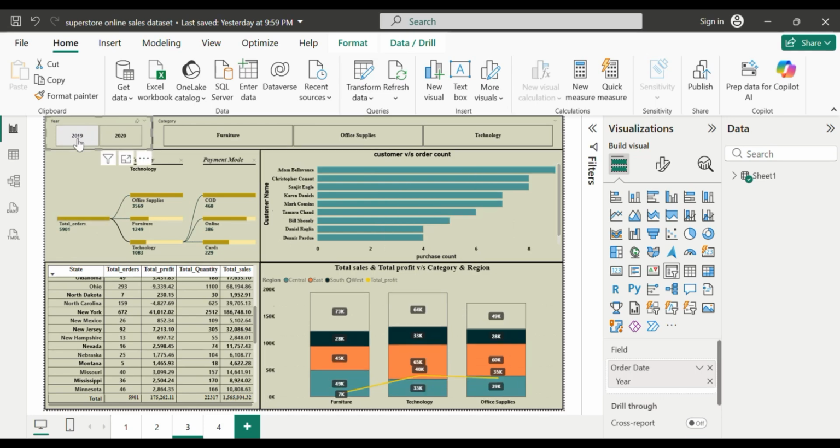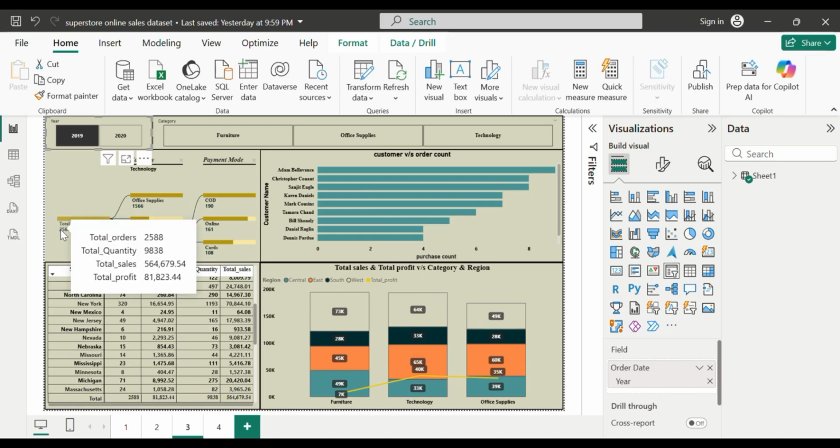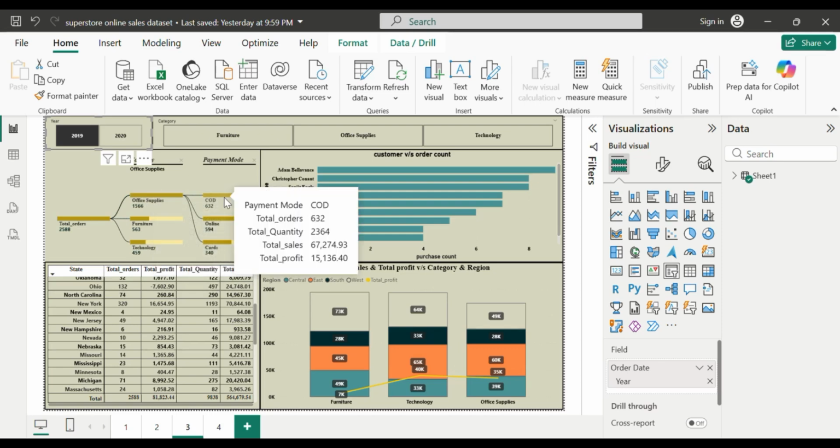Just 2019. See, 2,580 orders came: office supplies 1,566, furniture 5,963, technology 459. This is cash on delivery. 632 orders were given, quantity 2,364, total sales 67,274, profit 15,156.